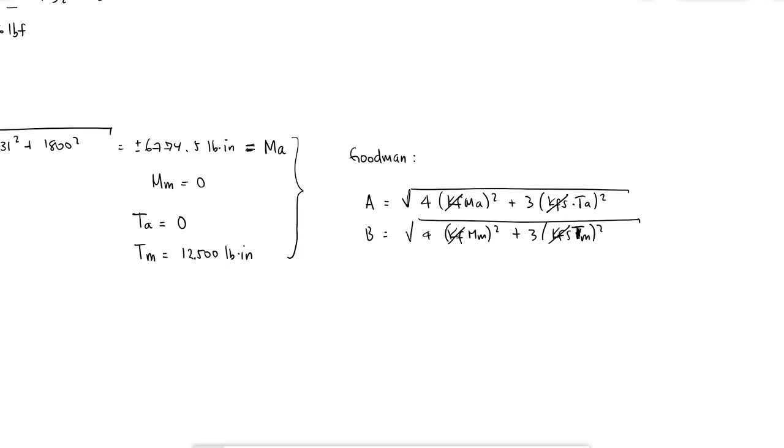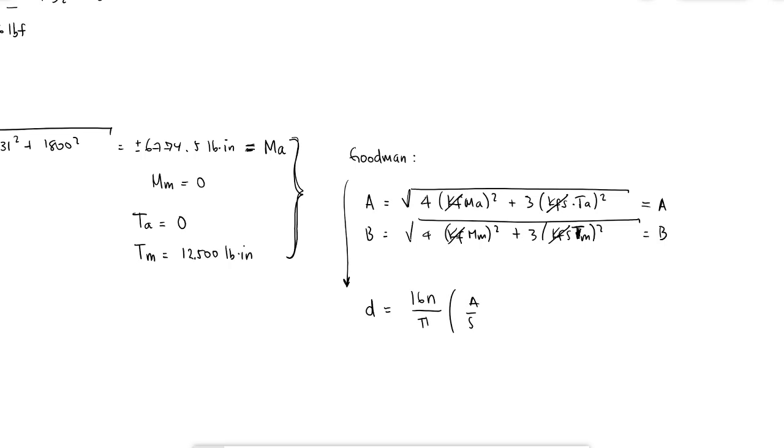So I only have these values, and I do have from what I just wrote here all of those four values to get my A and my B coefficients and put it in the Goodman equation for either calculating the factor of safety n, or in this case, since I wasn't given a diameter, I can just calculate the diameter so that the factor of safety is something that I want.